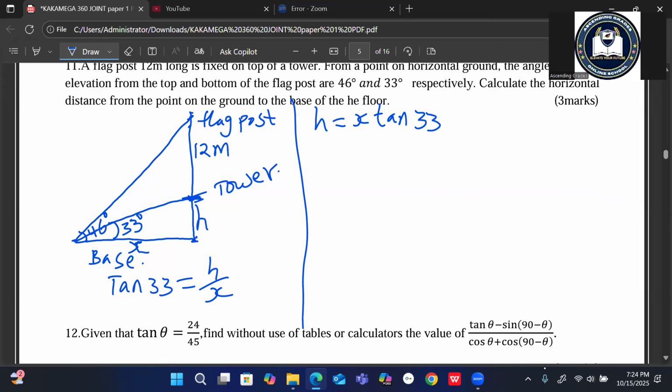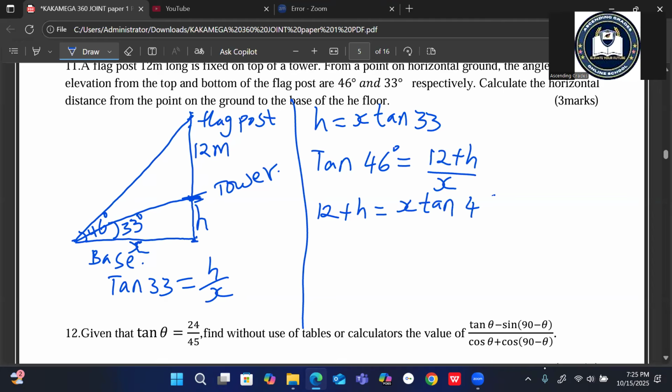We look at the relationship between the 46 degrees, 12 plus h meters and x meters, and we find that tan 46 is opposite, 12 plus h, over adjacent, x. So 12 plus h gives us x tan 46.